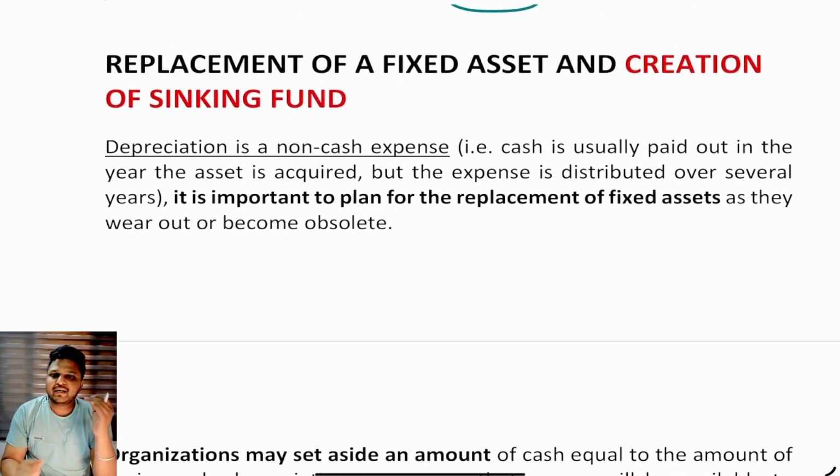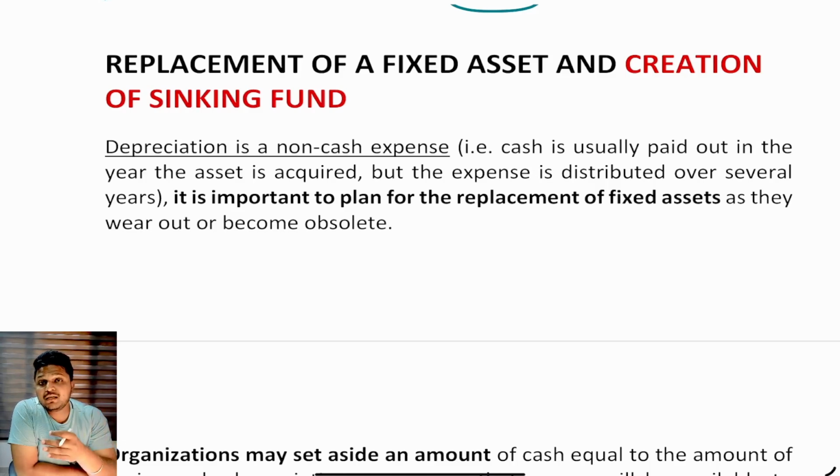Now, again, a very important topic. It's about the replacement of a fixed asset. Now, in the very beginning of the chapter, I told you that whatsoever the amount of depreciation is charged, it is a non-cash expense. Nothing is going out. We are just charging a cost to the asset value in the accounting, right?